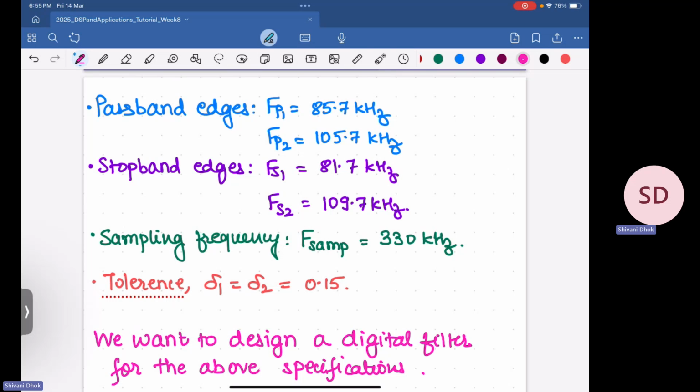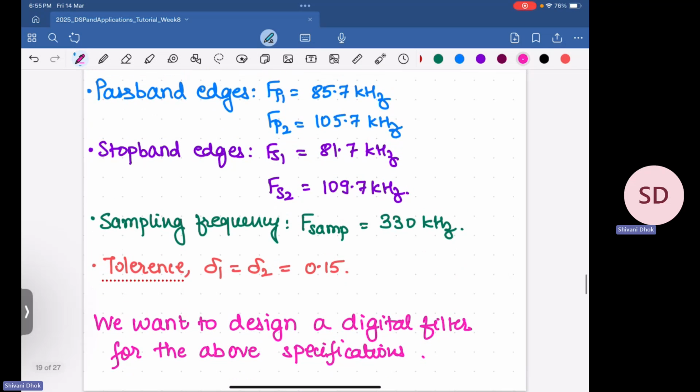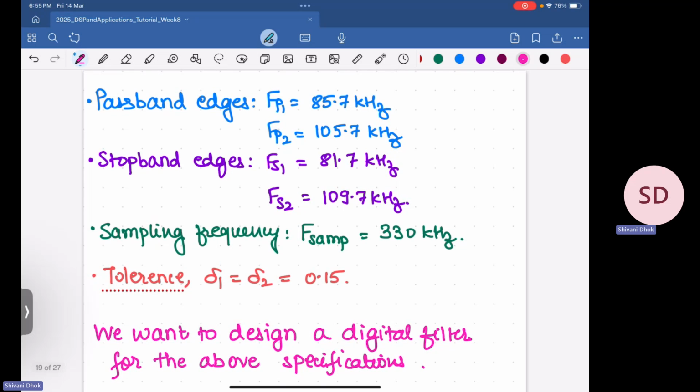Is it okay? Okay. If this part is clear, now let us start with our designing.